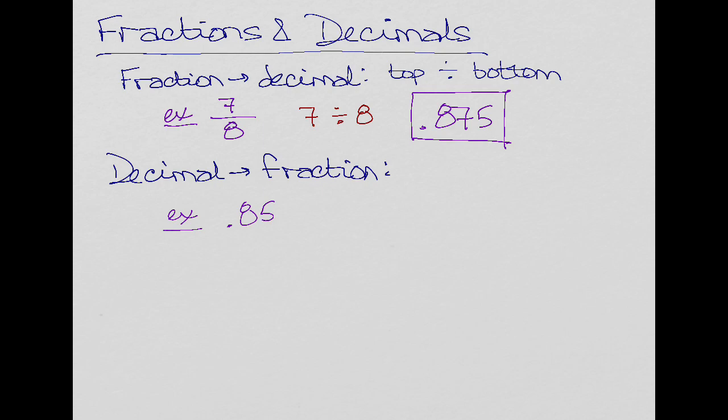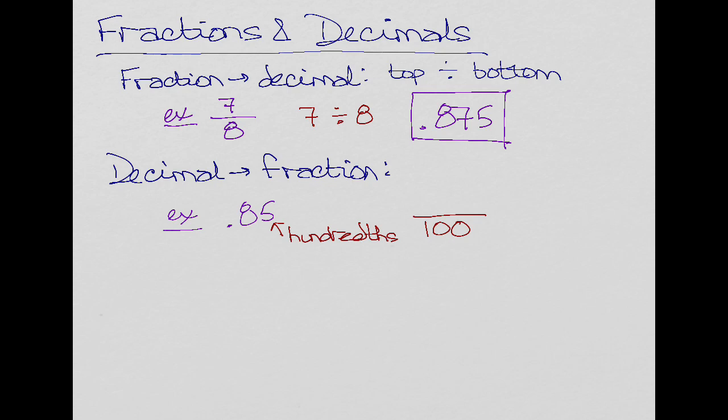I'm going to look at the rightmost decimal place. I have my decimal point, and then the tenths place. This is the hundredths place. So when I make my fraction, that's going to be the bottom. It's in the hundredths place, so my bottom is going to be 100.